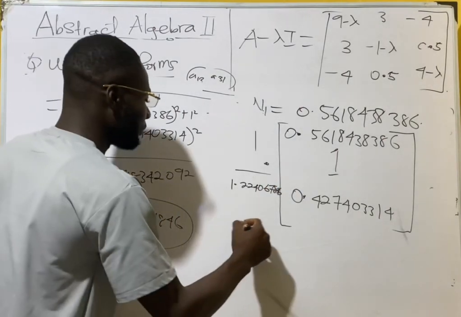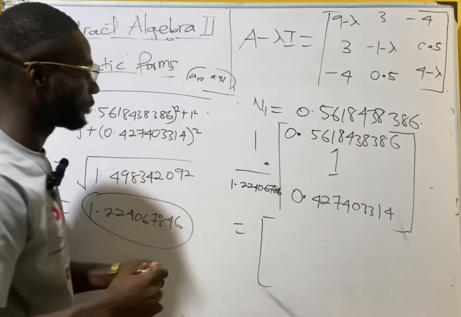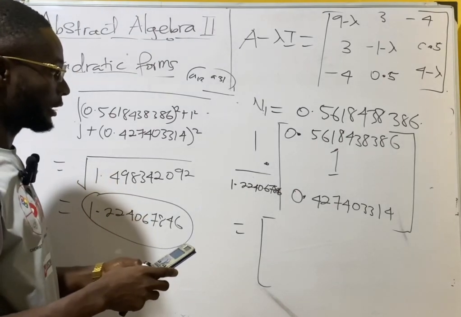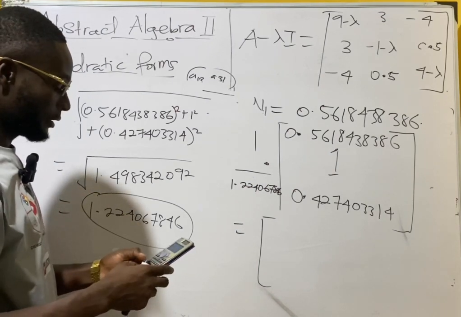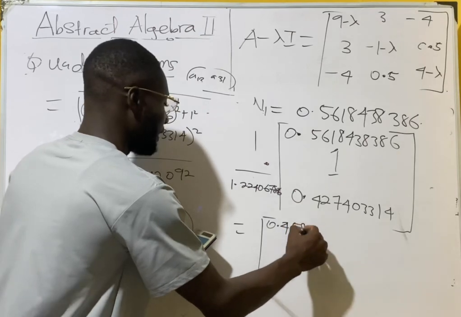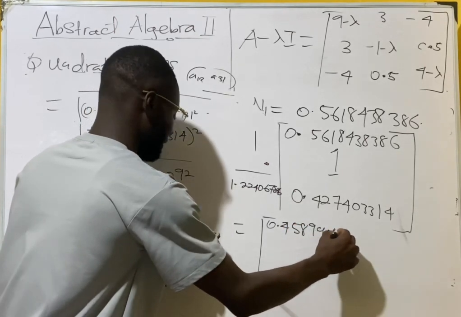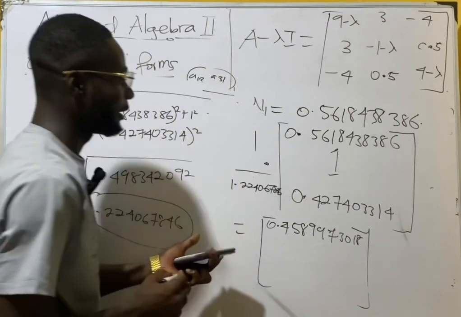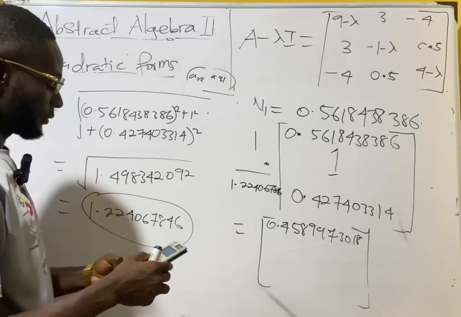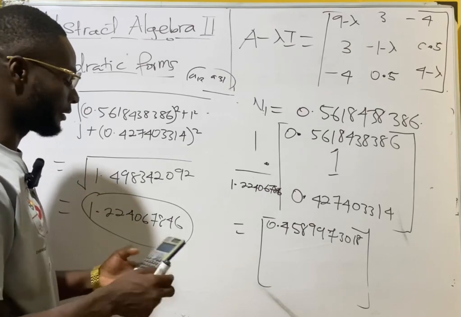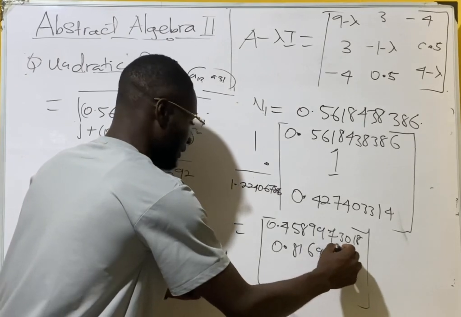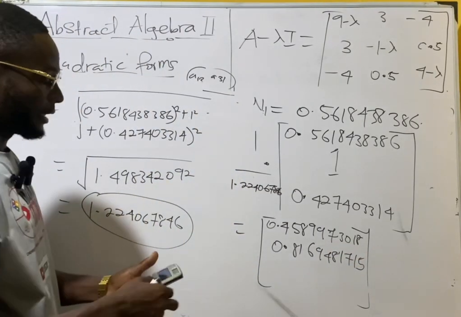So when you do that, you're going to have 0.5618438 divided by 1.22406786, which is 0.458997018, and then 1 divided by 1.22406786, we're going to have 0.8169481715.